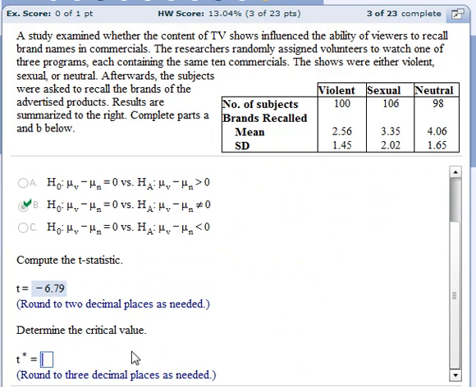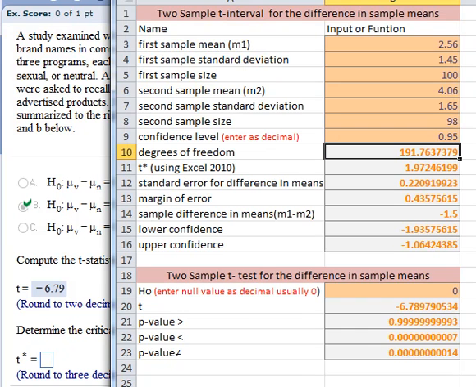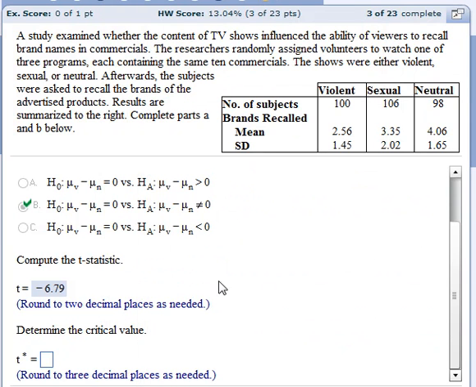Okay, the critical value, in this case, let's go back here, the t-star rounded to 3 decimal places. Did they give us a confidence interval or an alpha level? I do not see that.